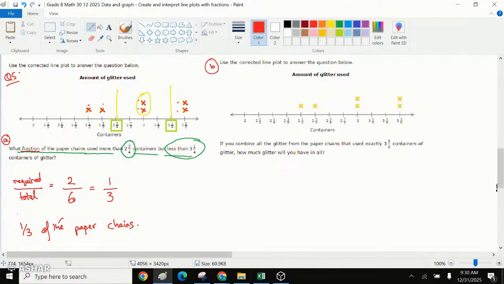They're saying, if you combine all the glitter from the paper chains that use exactly 3 3/8 of the container, how much glitter will you have in total? So what they're saying is we need to find all those which use, right? How many were there which use exactly this much?